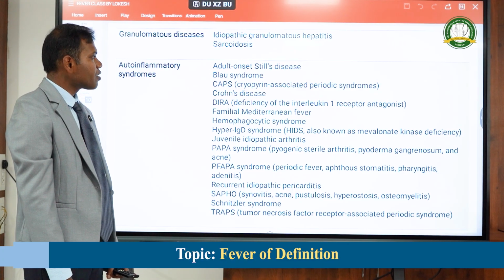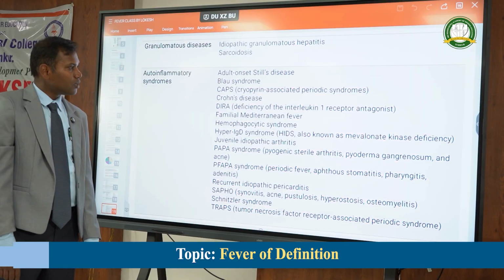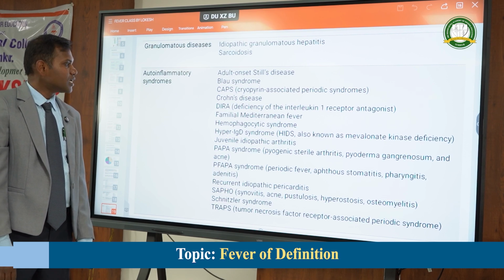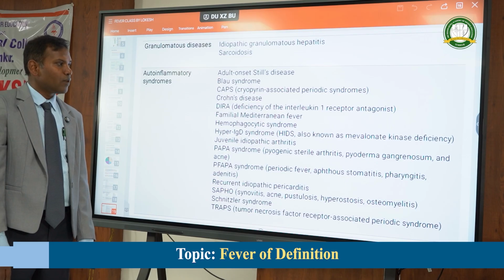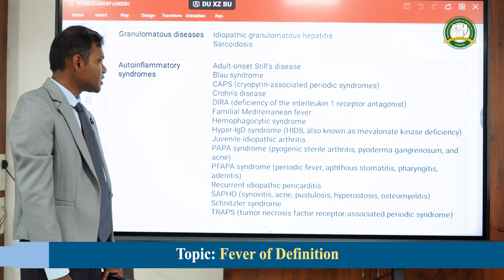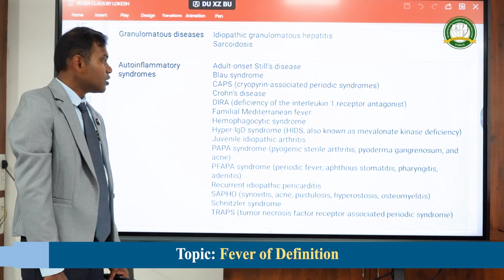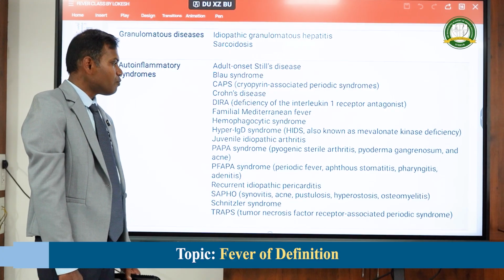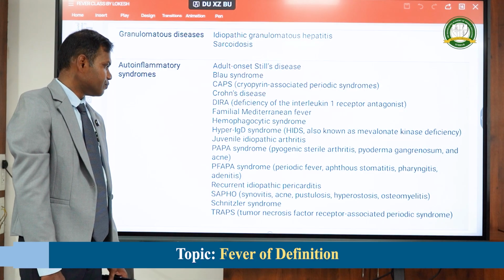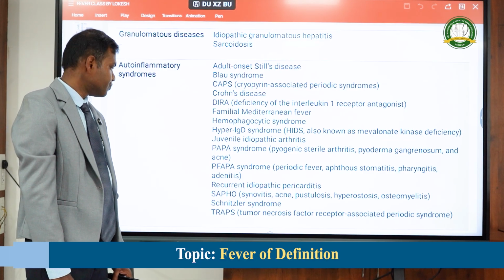Autoinflammatory syndromes, we have adult onset Still's disease, Blau syndrome, cryopyrin associated periodic syndromes, Crohn's disease, deficiency of interleukin 1 receptor antagonist, familial Mediterranean fever, hemophagocytic syndrome, hyper IgD syndrome, juvenile idiopathic arthritis, pyogenic sterile arthritis, pyoderma gangrenosum and acne, or periodic fever, aphthous stomatitis, pharyngitis, and adenitis.